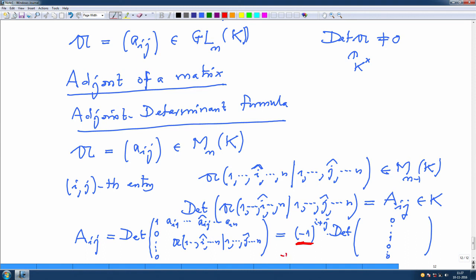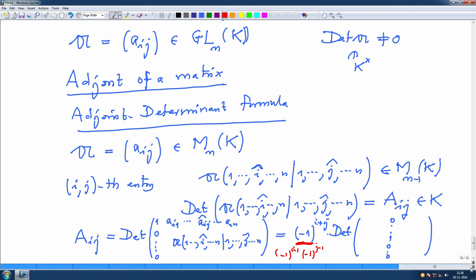So minus 1 power I minus j will come from row changes, and then again changing it to the jth column, that means I minus 1 changes, j minus 1 changes of the column. Altogether, minus 1 minus 2 is even, so it will disappear and it is the same as this.